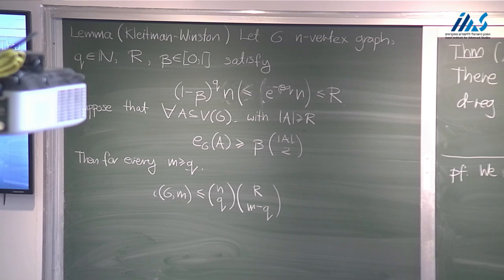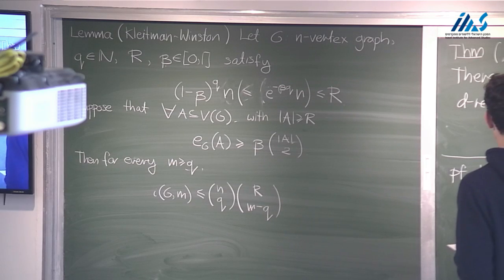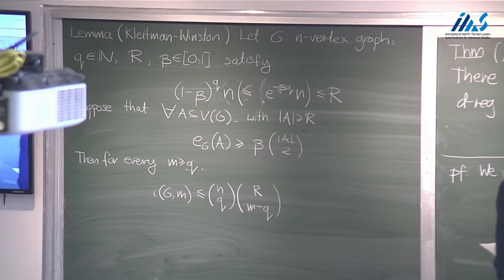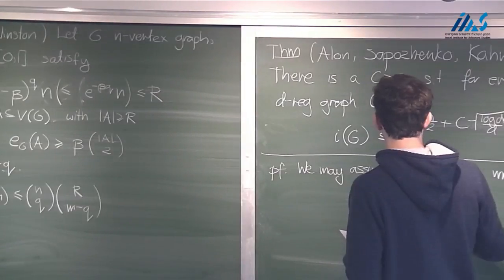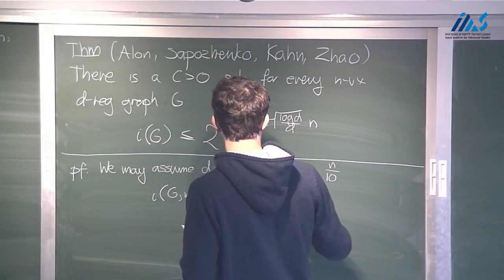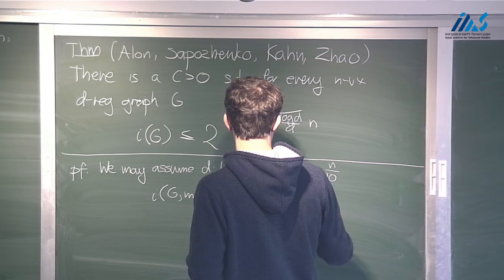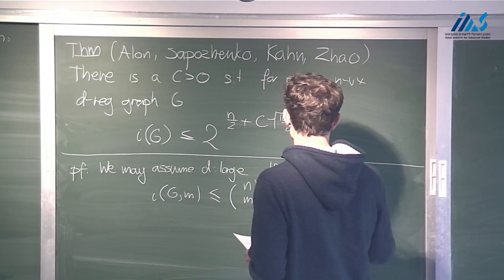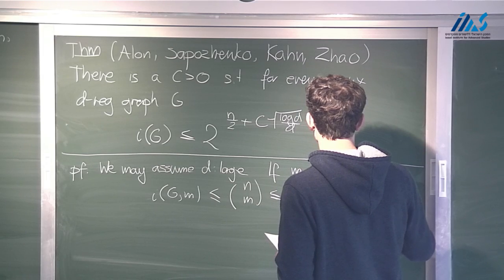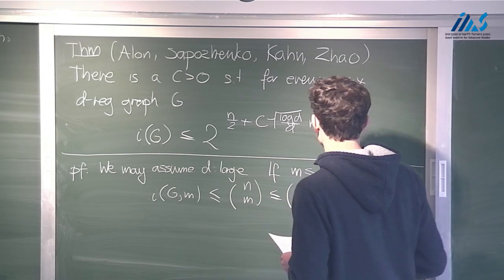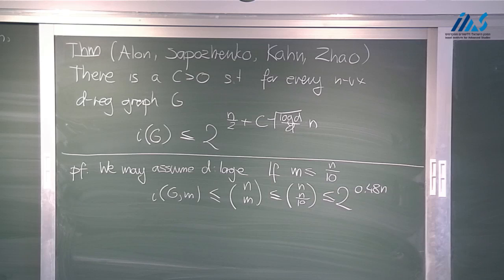And if m is small, if m is at most n over 10, then we can just use the trivial bound, because then the number of independent sets of size m is at most just the number of subsets of size m, which is at most n choose n over 10. And you can believe me that it's at most 2 to the power 0.48 times n.